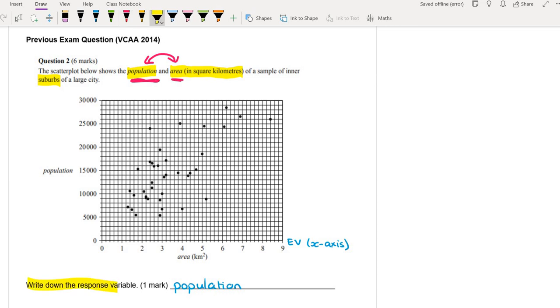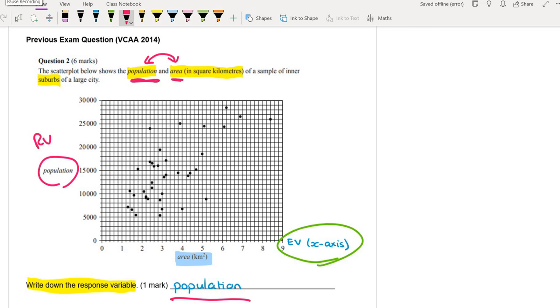That's what the question was about in this exam: write down the response variable. However, as we'll learn later in this topic, in a scatter plot, the EV always goes on the x-axis. In this case, we're given the scatter plot and the area is on there. So we know then the RV has to be the population. So the answer is population.